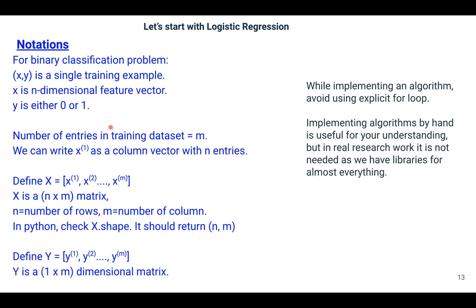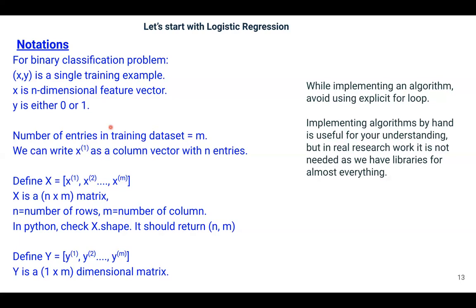So let's say we have a big data set with m entries. We will use m to denote the number of entries in a training data set. Generally we write x subscript 1 as a column vector with n entries, which means this is the first entry in our training data set. The entries of the column vector are the different features.